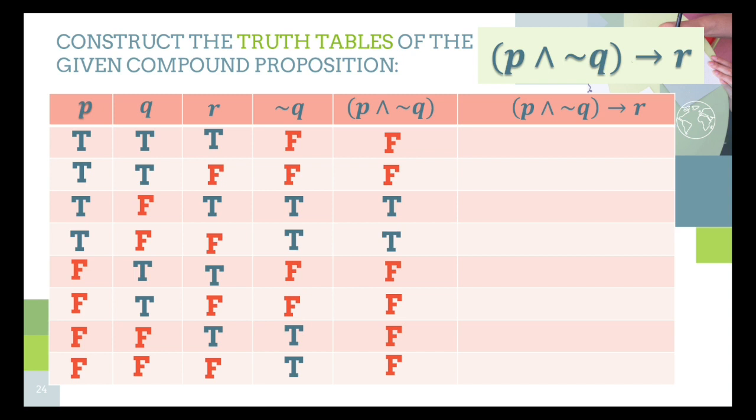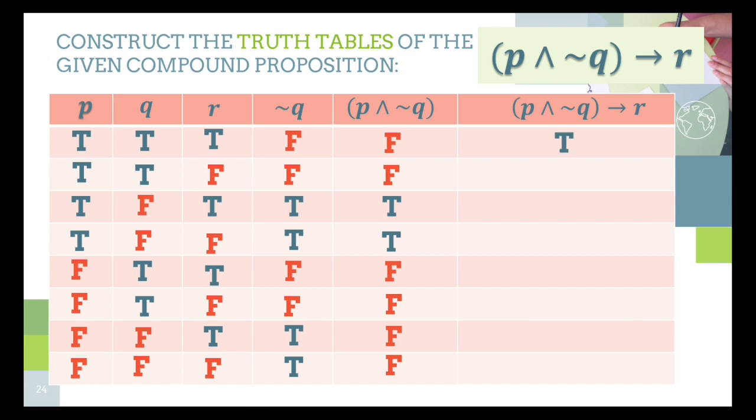And then we have the conditional statement. This column and this column. We're going to combine these two. You have to remember, for conditional statements, the only time it will become false is when you have a true then false. So false, true is true.